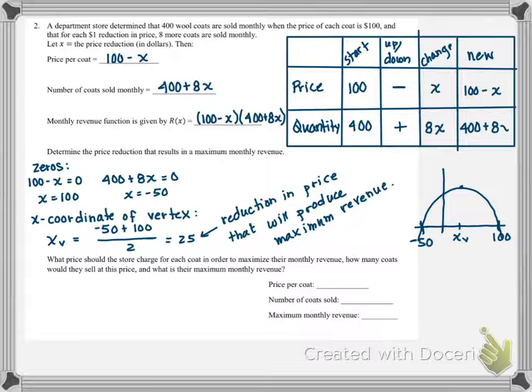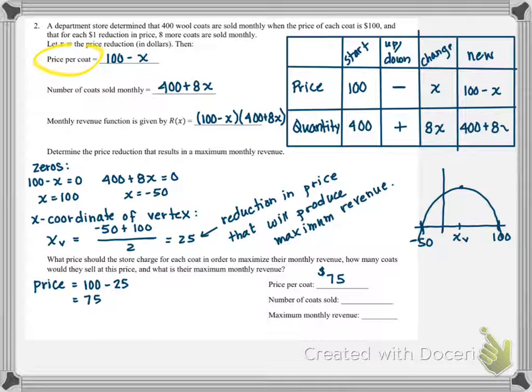So from here, if you've set everything up for yourself, answering the 3 questions at the end is pretty simple. It's just a matter of going back and finding what you need, right? So if I want the price per coat, I look for price per coat, which is right there. So my price is going to be 100 minus my x value, which is 75.